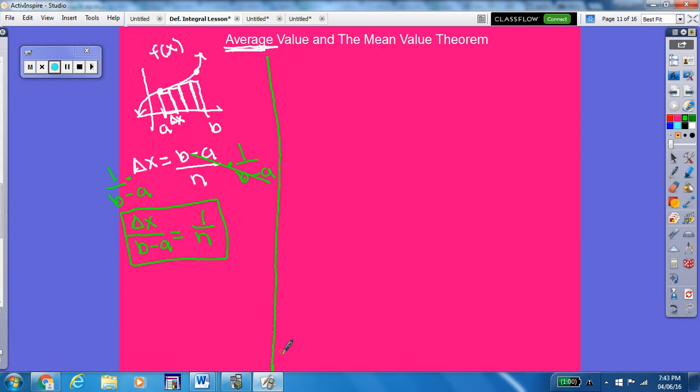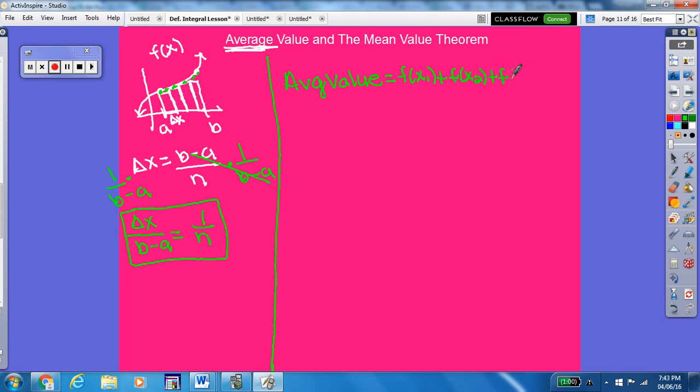Okay. So average value, how do you find it? Well, just like I said before, you want to add up all the numbers and divide by the number of numbers you have. In this case, the numbers are represented by y values or by the heights of the rectangle. So we want to go ahead and add up all those y values. And just say we start with f of x sub 1, which means the first y value, plus the next y value, plus the next one.